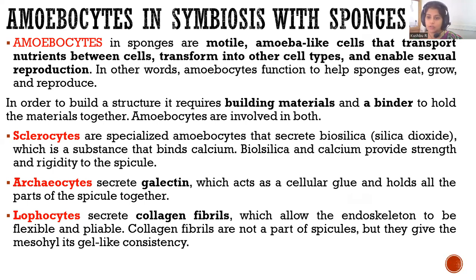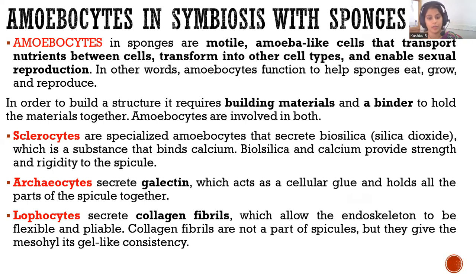The rigidity of the sponge structure, the flexibility or the tensile strength of the sponge structure, is decided by the sclerocytes, because they are the ones which produce enough calcium for the sea sponges so that the structure can be maintained strong, so that in turn these amoebozoids can reside there.